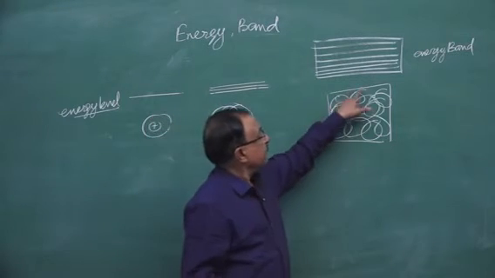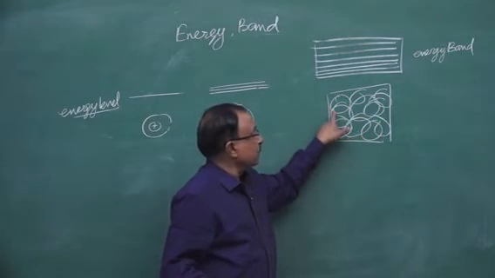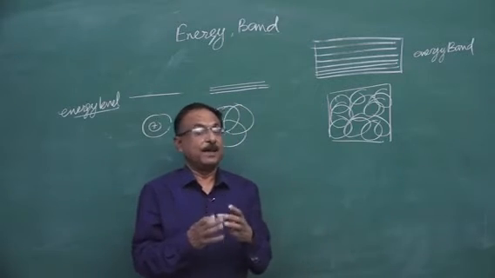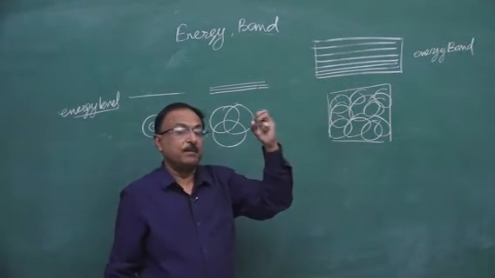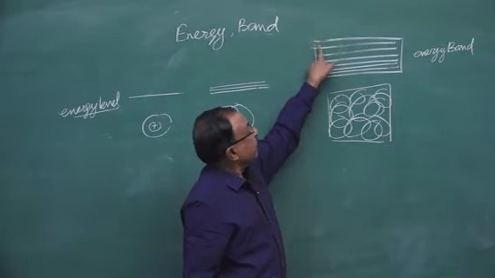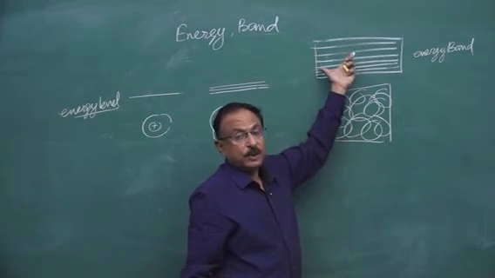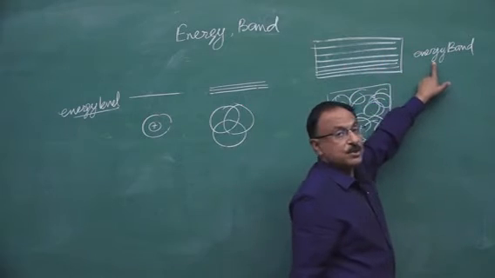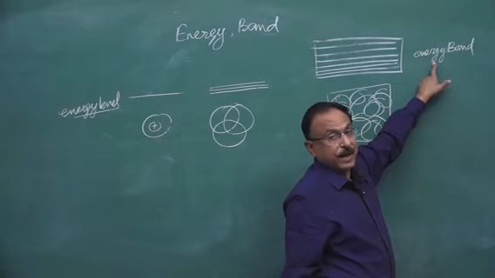Their outer orbitals overlap, and the energy of these overlapped orbitals, which have almost the same energy, is represented by a group of closely packed energy levels, and this group we call an energy band.